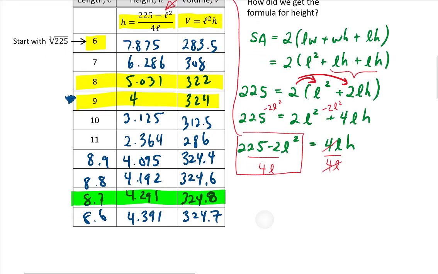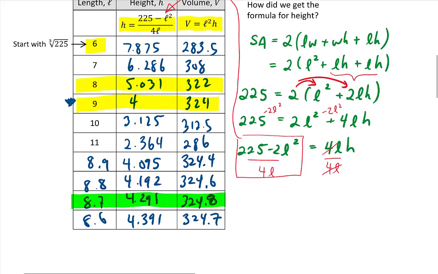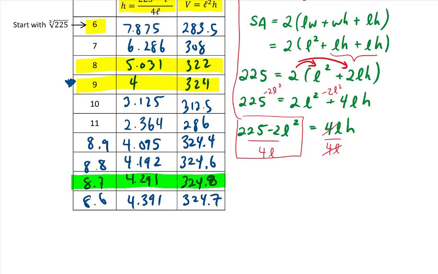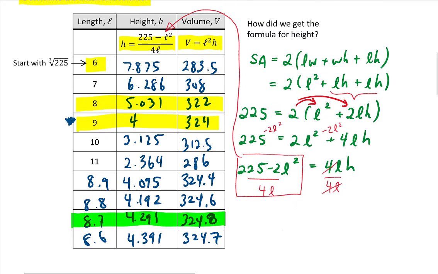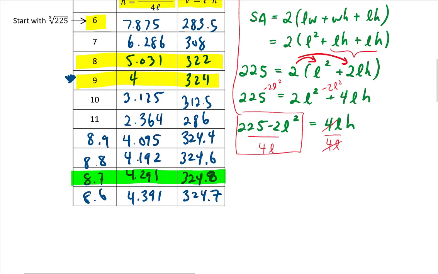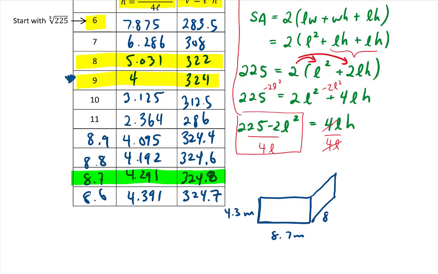So we can see, if we continue, that we can even find a better result. And notice how this is almost a 2-to-1 ratio of length to height. Similar to when we did areas and perimeters and we removed a section, the same thing happens with a cube if we remove a piece. So it looks like our length is 8.7 and our height is 4.3. So we're going to have a rectangular prism that's 8.7 centimeters wide and 4.3 centimeters tall, and then the base of this again is 8.7 centimeters, and this should maximize the amount of space inside this holder.